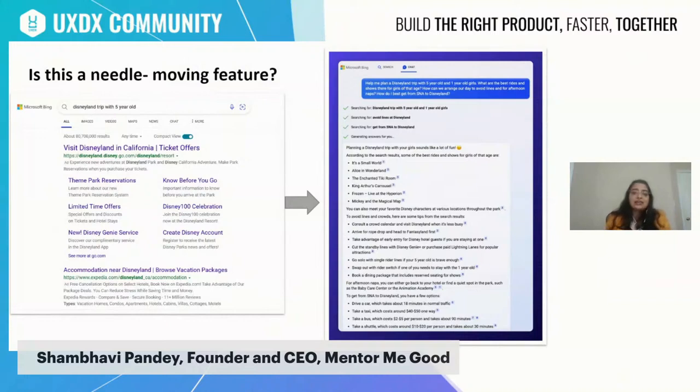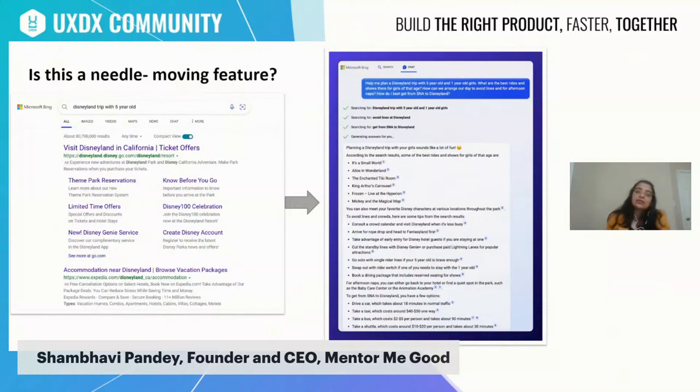On the right-hand side, you'll see the new chat feature from Microsoft Bing, where instead of searching, the user asks, help me plan a Disneyland trip with a 5-year-old, and a bunch more questions. In the result, you'll see that they get a structured response to each of their questions.